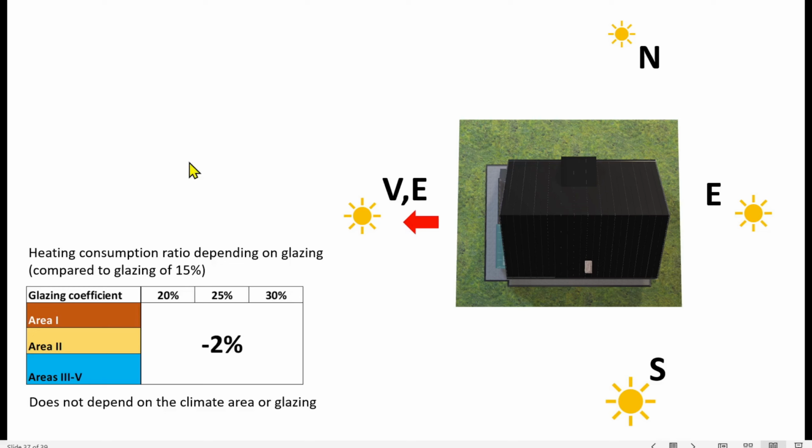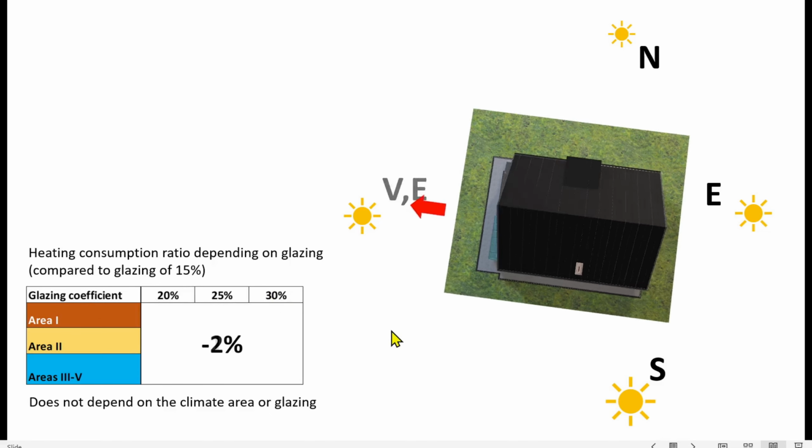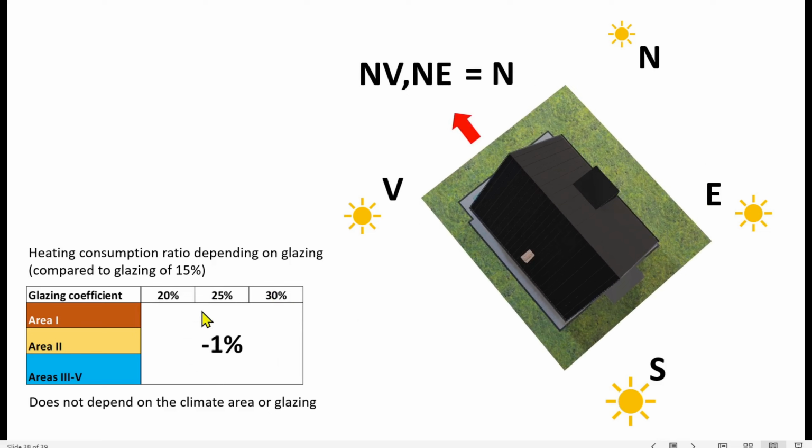It no longer depends on the climatic area or glazing. It continues to decrease to the northwest, northeast orientation, which have the same effect as the north orientation.